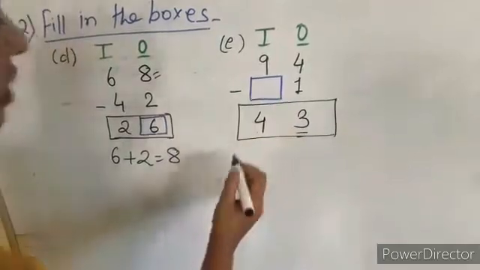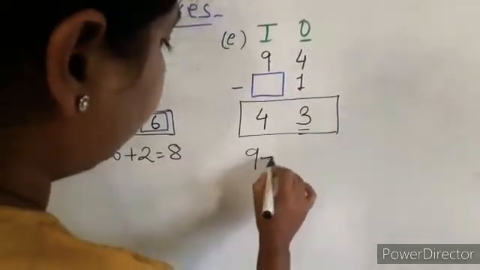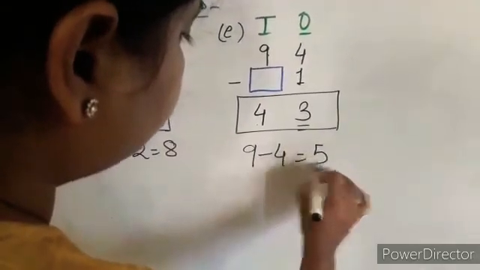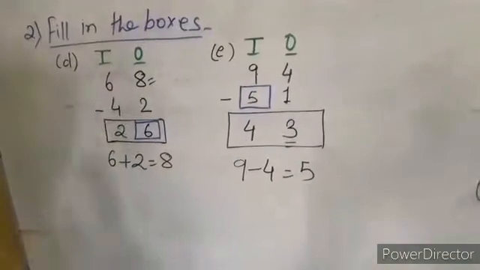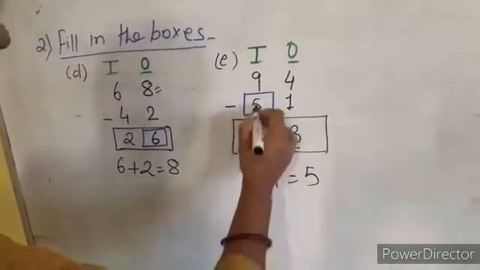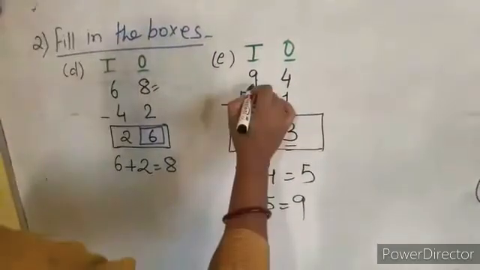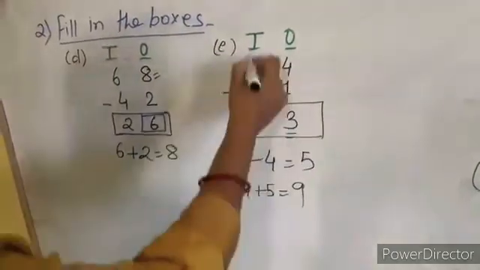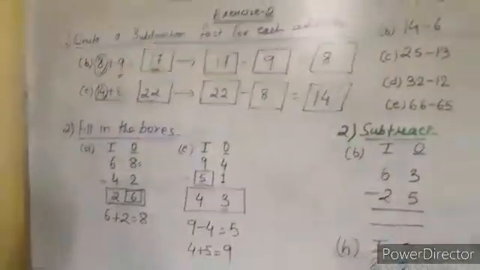So see here 9 is written and the 4. So we subtract 9 minus 4, then we get the answer 5. Okay, if you want you can check it, add these two numbers, 4 plus 5, then you get 9. This means your answer is right. Okay, like this way you have to do.